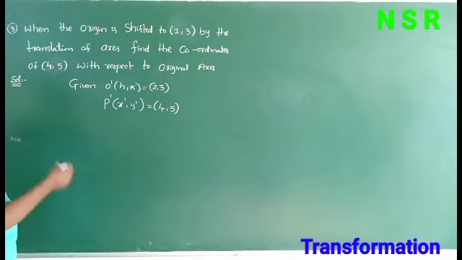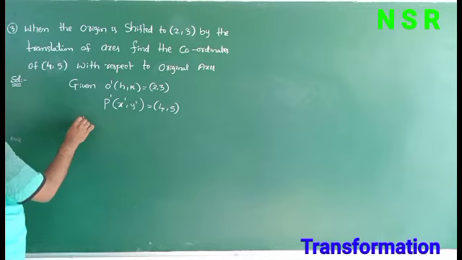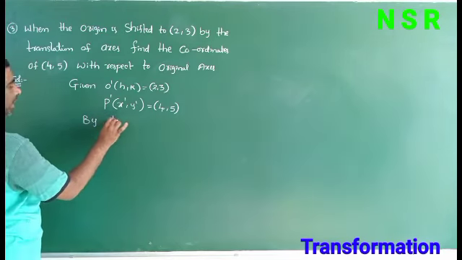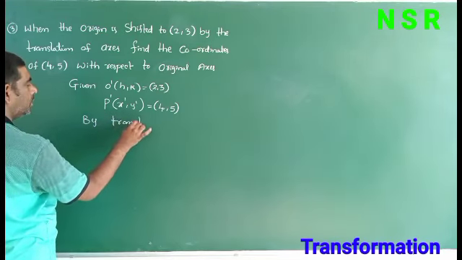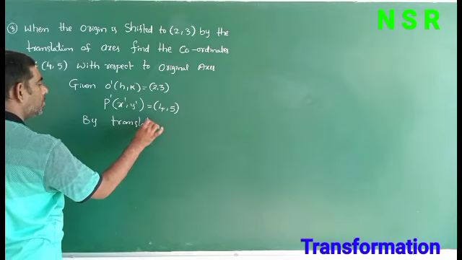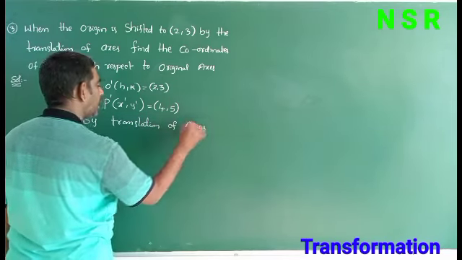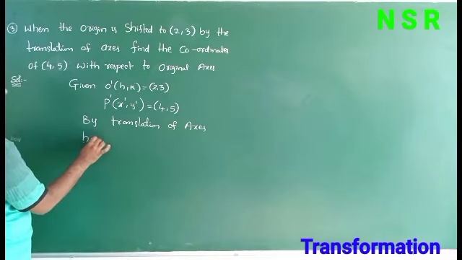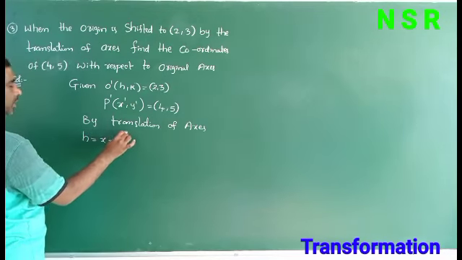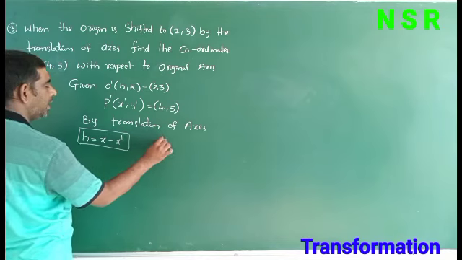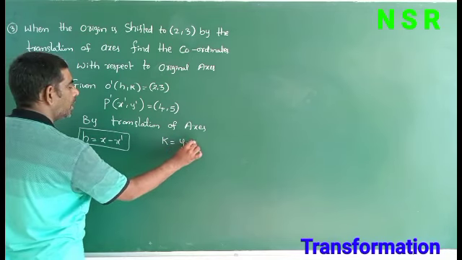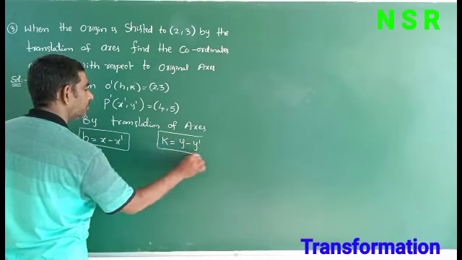Original means xy. Now we have to find xy. So by translation of axis, h is equal to x minus x dash and k equal to y minus y dash.